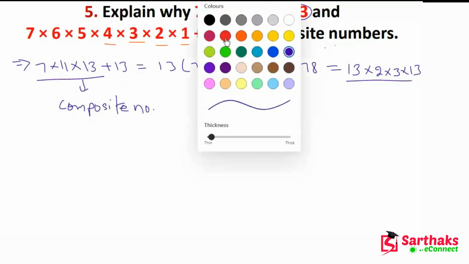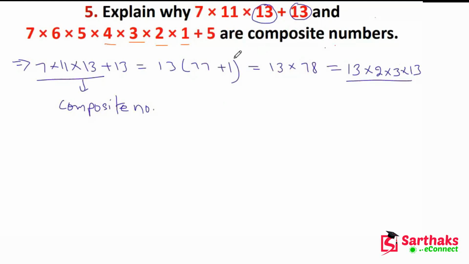Now let's take the other number. 7 into 6 into 5 into 4 into 3 into 2 into 1 plus 5.